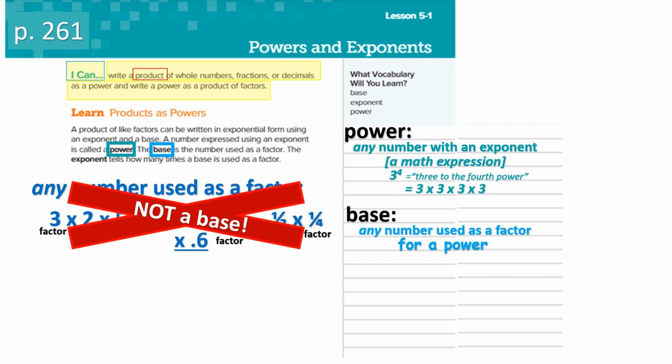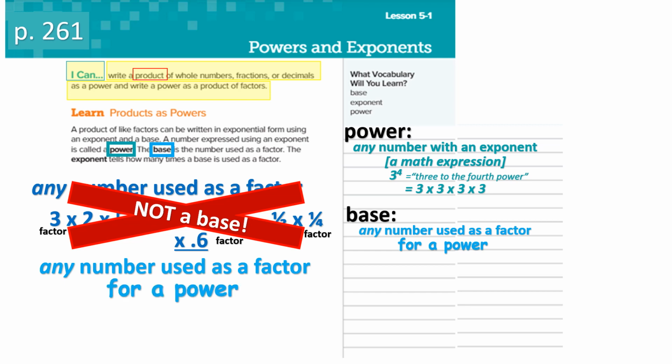However, none of those 3 examples are a base. A base is a number being used as a factor for a power. And once again, a power is any number that has an exponent, right? So I have to look at the idea of my factor is the 3 when I have 3 to the 2nd power. My base of 2 is going to be my number that I multiply together, or my factor, and I want to multiply it by itself 5 times.